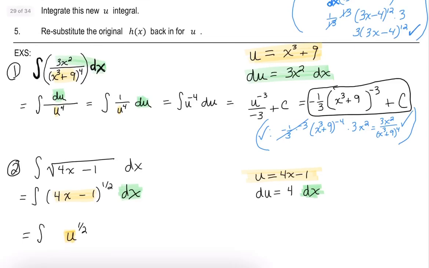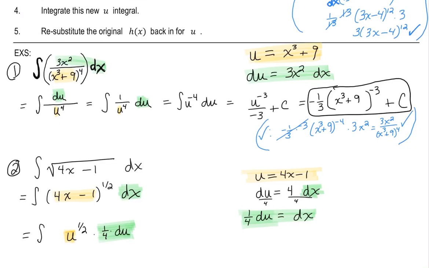So if I just divide both sides by this 4, I'm going to have my 1/4 du, or du over 4 if you prefer, equals dx. So now I can replace my dx with this 1/4 du.